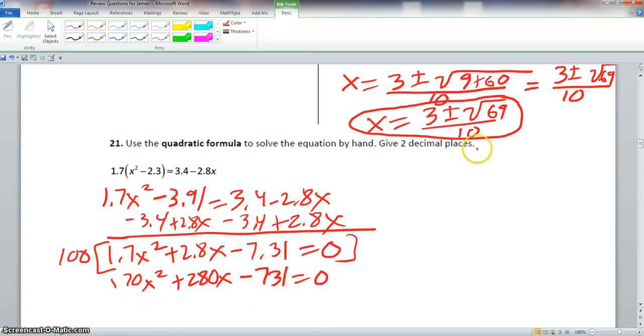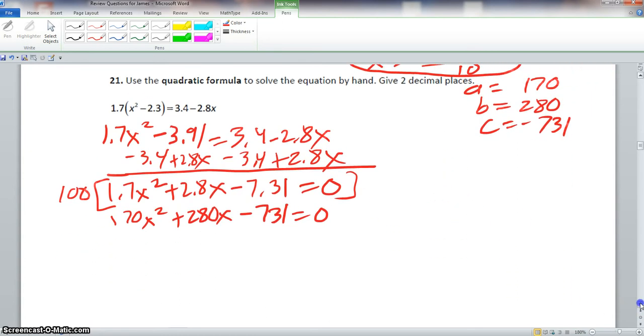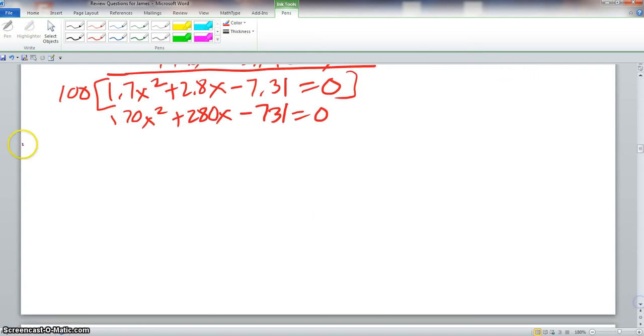Now, we will have A is 170, B is 280, and C is negative 731. Now, we will put this in the quadratic formula. We will have x equals the opposite of b. We know b is 280, you can see that on your paper.